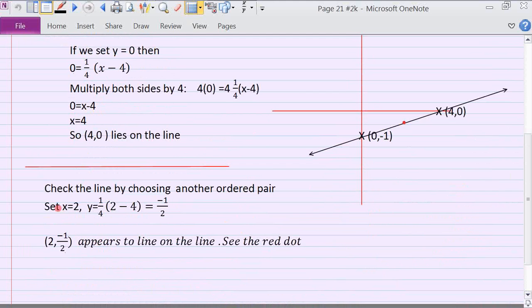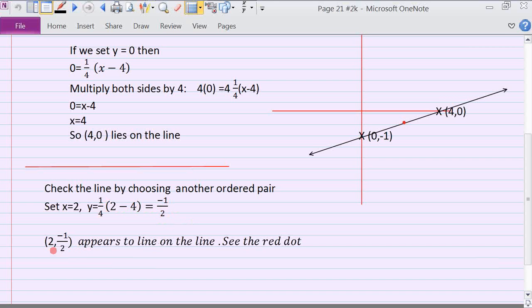So let's say we choose x equal to 2. And we plug it back into the original. It's a quarter, x minus 4, we replace the x with a 2. 2 minus 4 is minus 2. Minus 2 over 4 is minus a half. We can reduce it.